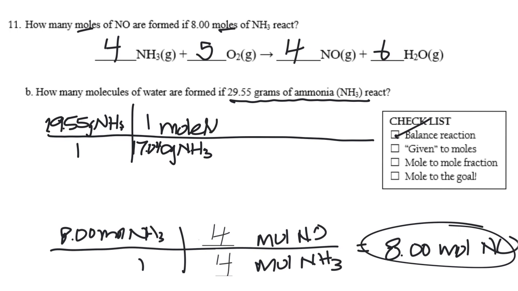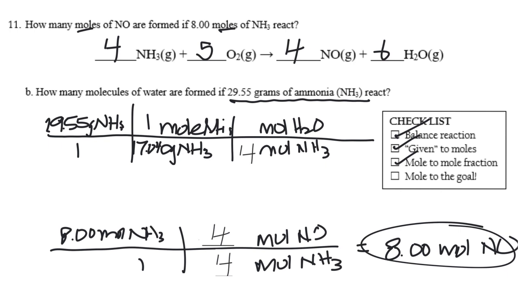Now I want to go from moles of NH3, and I want to get to moles of water. So we did given to moles, and now we're doing mole to mole fraction. So moles of NH3, I use my coefficient, that comes down.